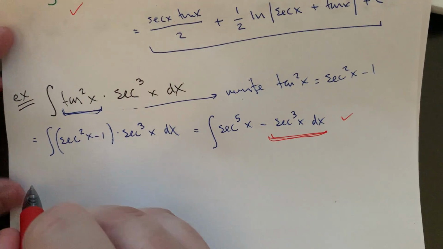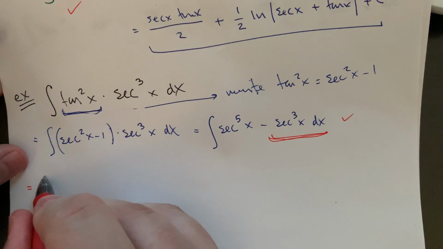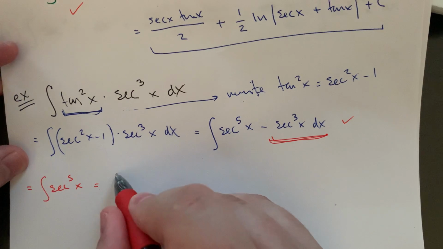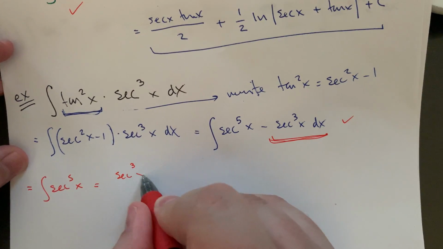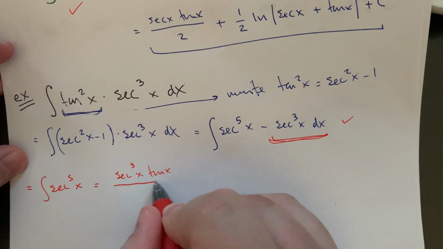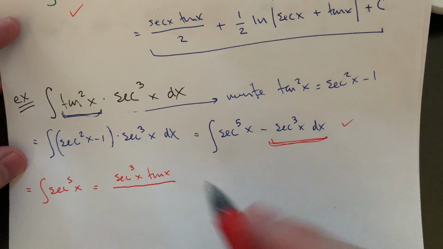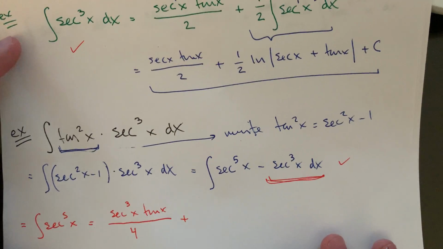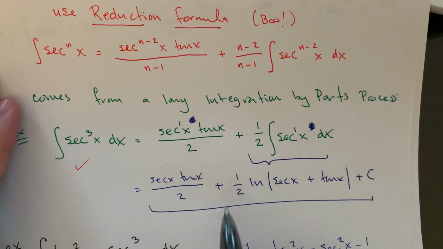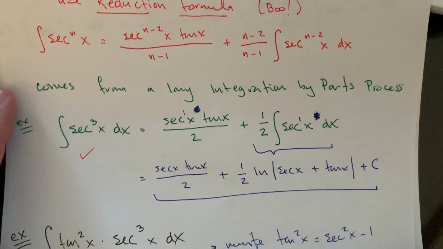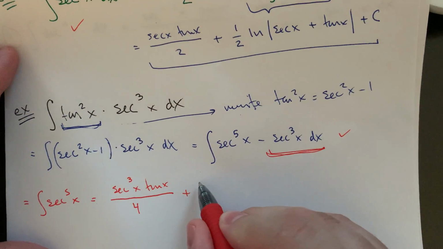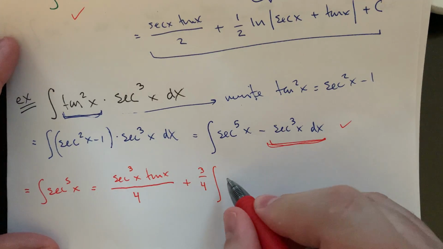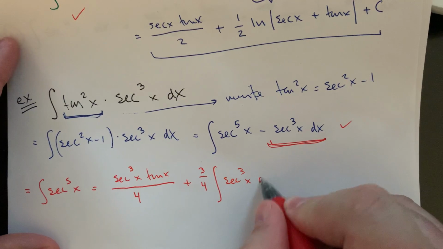So let me see if I can write this out quickly. Secant to the 5x. So that's going to be secant, dropping it by 2, cubed times tan x over n minus 1, so over 4, plus the power matches here, so that's going to be 3 over 4 times the integral of secant cubed x dx.